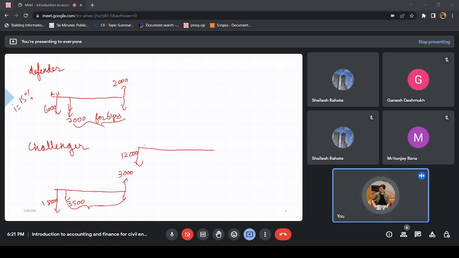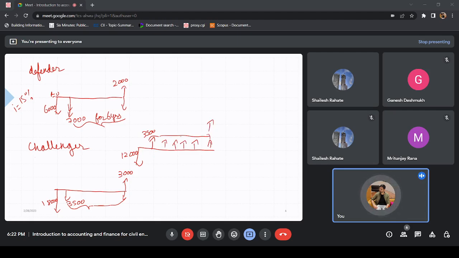So 12,000 is the extra investment, but for each next year, initially you were paying 7,000, so now you are paying only 3,500. So you have got 3,500 plus, right? For the next 6 years: 1, 2, 3, 4, 5, 6.